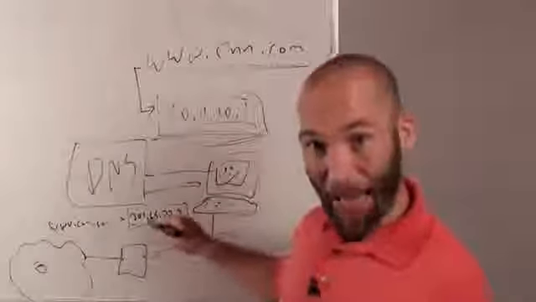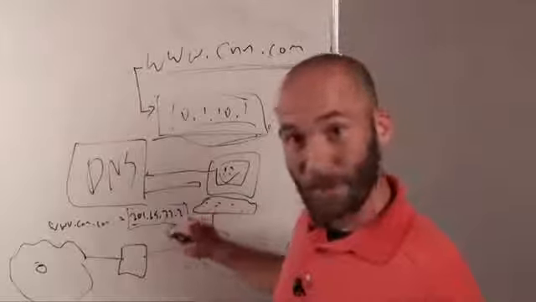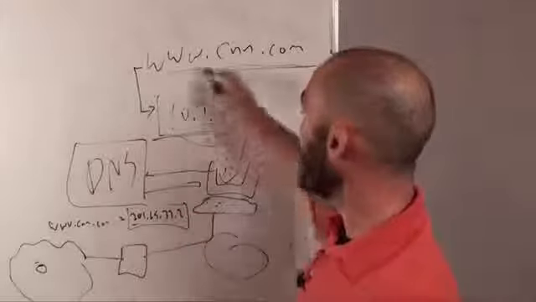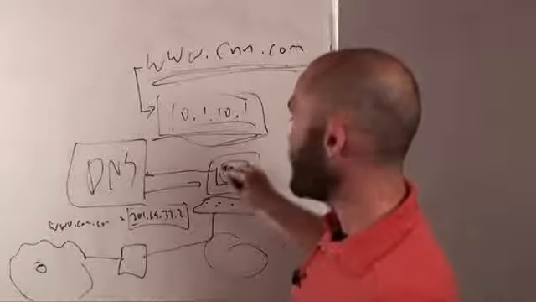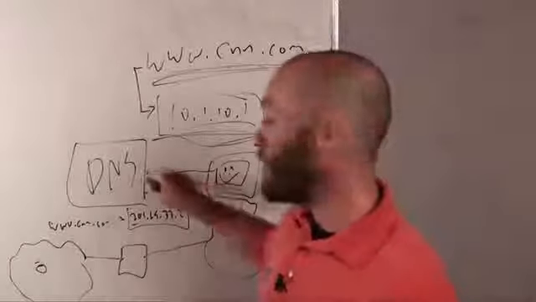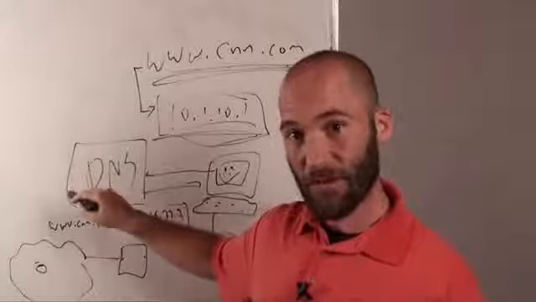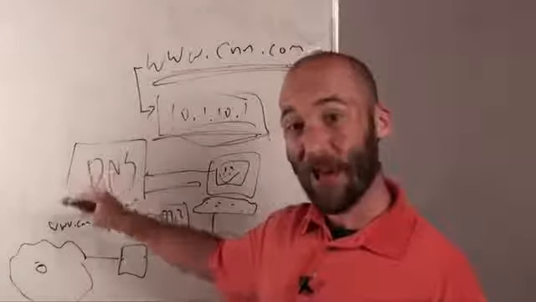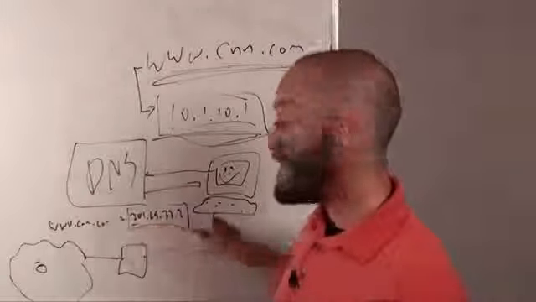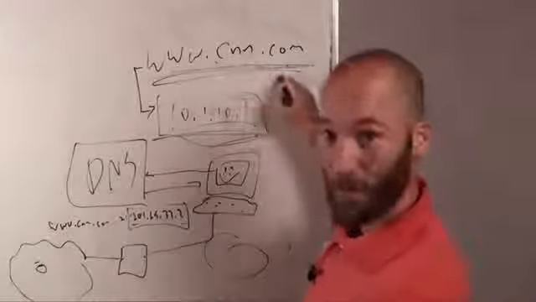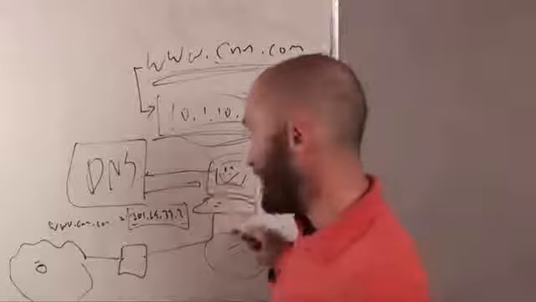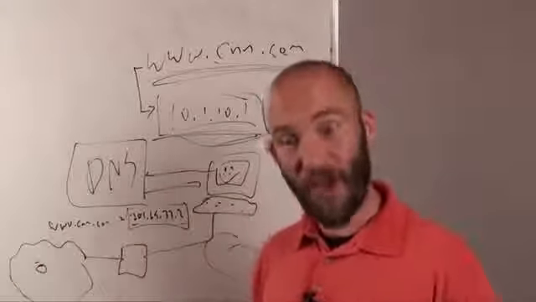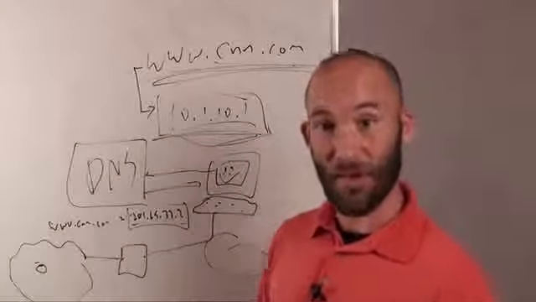So because your computer only cares about IP addresses, when you plug in what is called a domain name, your computer goes out and talks to the DNS server. The DNS server then tells your computer what the IP address is of this domain name. Once your computer has the IP address of the domain name, then it can go out and try to find the website that you were looking for.